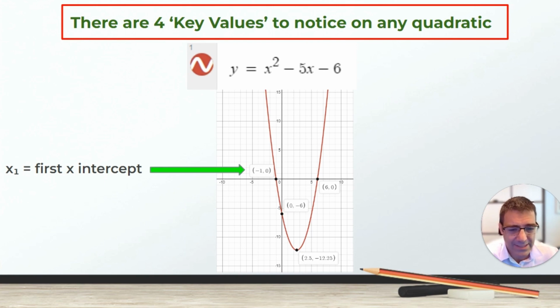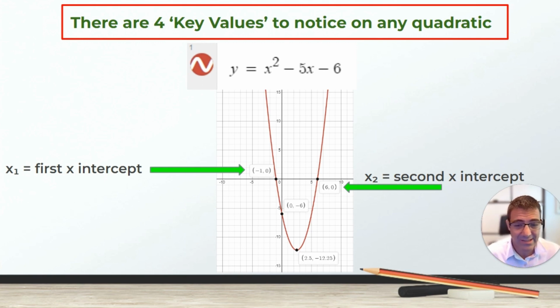We're going to be looking in detail at how we find those. And notice on the right-hand side, we have another intersection with the x-axis because the curve crosses the x-axis twice since it's symmetrical. Now, not all parabolas are going to cross the x-axis. Some of them might be above the x-axis and not cross at all. But in this case, it does, and it crosses twice. So we call this the first x-intercept and the second x-intercept.